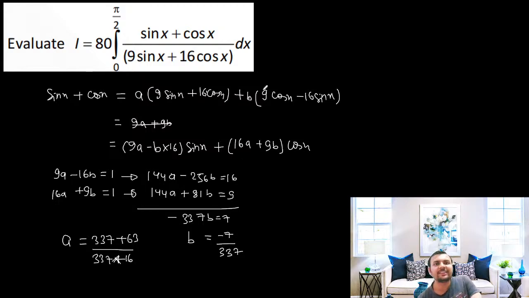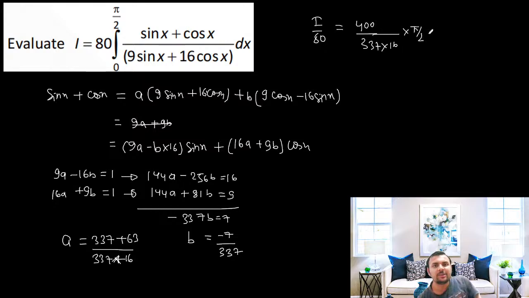So we can write this number I by 80 as this by this. So this divided by this number will be a dx, which is a pi by 2. A is nothing but 400 by 337 into 16 into pi by 2.